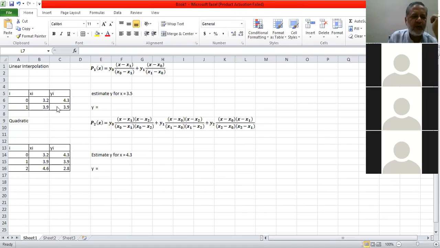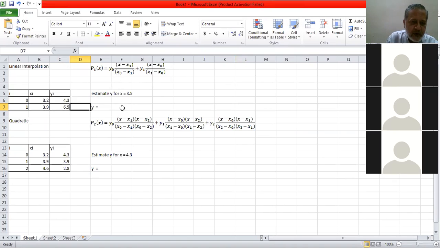Here I consider 2 points, x value 3.2, y value 4.3 corresponding, and corresponding to x value 3.9, I change this value to say 6.5, and I want to estimate the y value for a value of x which is between 3.2 and 3.9. I have chosen 3.5, and this is the formula that I have to use.